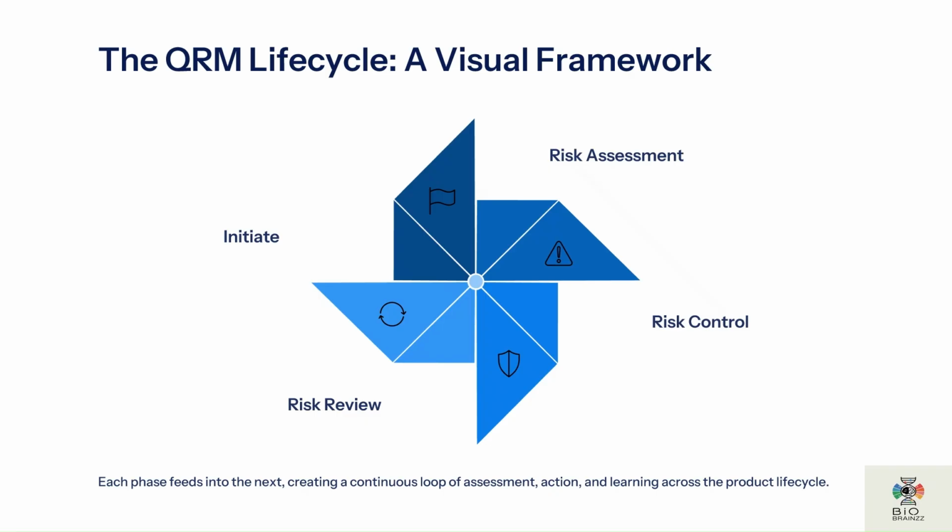After assessing the risk, appropriate controls are implemented. The effectiveness of these controls is then reviewed regularly. This creates a continuous improvement cycle. Risk management is therefore not a one-time activity, but an ongoing process throughout the product life cycle.